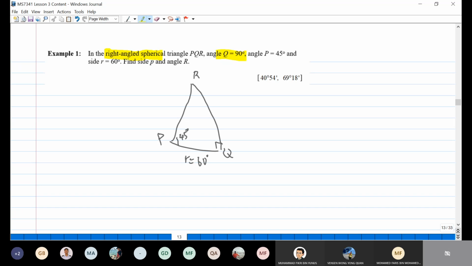Now you're going to apply Napier's rule to solve this triangle. There are three things you don't know. Let's see what the three unknowns are, and whether you are given enough information. So you draw a Napier view. It's actually like this.